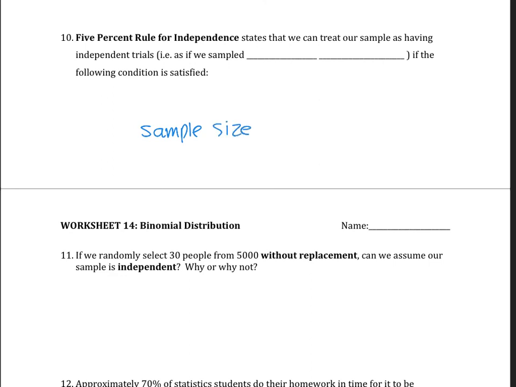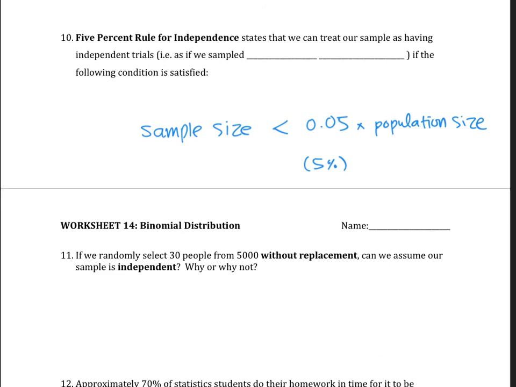So if our sample size is small enough, less than 0.05, which is 5%, times the population size, in that case, we're going to consider that sample to be an independent sample.